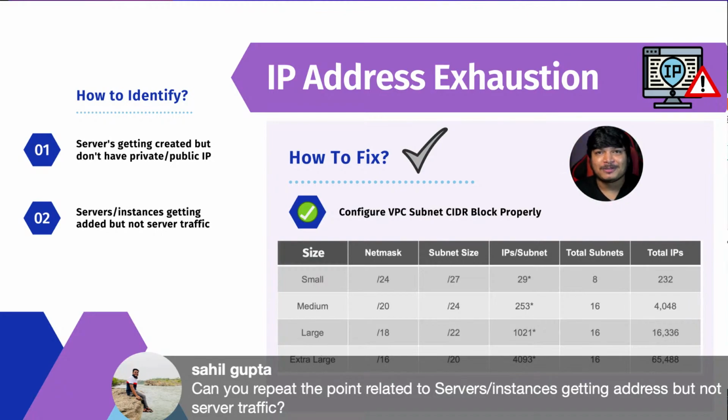But if you set small limits by mistake, then you don't have an option to increase that limit in the VPC. You have to create a new VPC with a bigger IP range, and then move your instances or application resources to the new VPC. Okay, that's the required one.